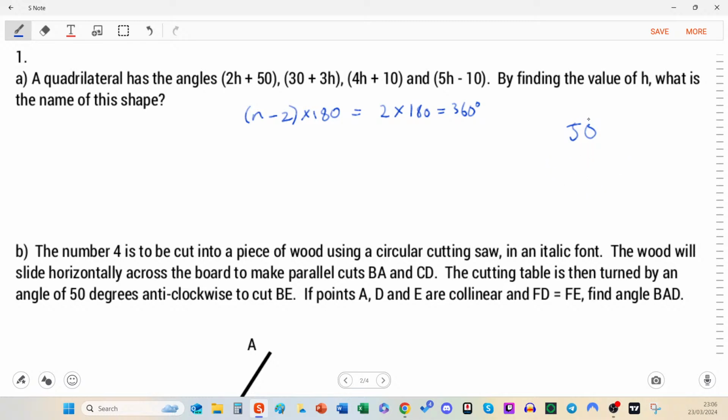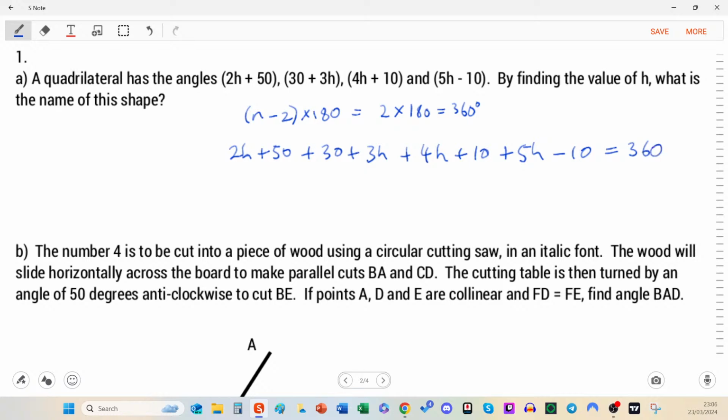So you can think of those as four things that need to be added together: 2h plus 50 plus 30 plus 3h plus 4h, etc. We know that if we add them all together, it will equal 360 because that's the total.